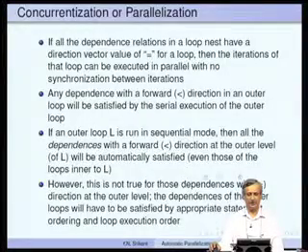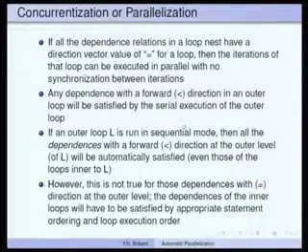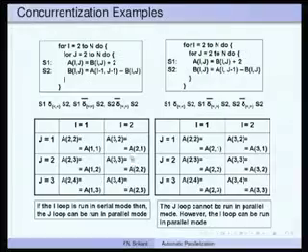This is so even for the inner loops of L. I will show you an example for this, but if the outer loop has a dependence equal to, then whatever is said here will not be true. Even if the outer loop is run in sequential mode, the dependencies may not be completely satisfied.